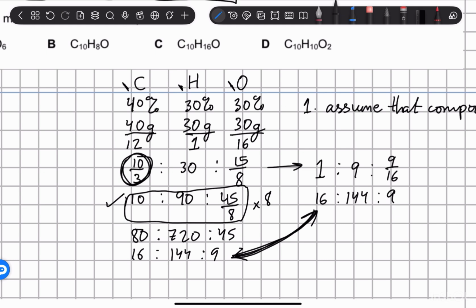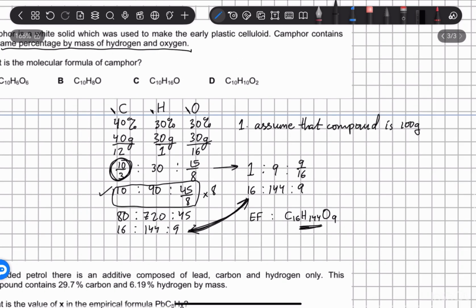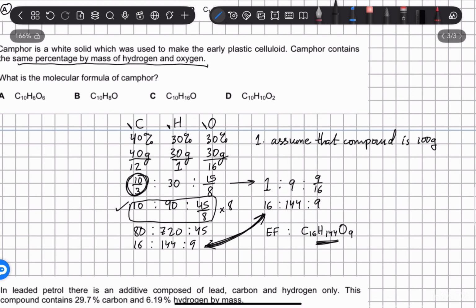And once you get this final ratio, your empirical formula would be carbon, which is 16, hydrogen, which is 144, and oxygen, which is 9. That would be your empirical formula. And that is how you calculate an empirical formula from given percentages of mass.